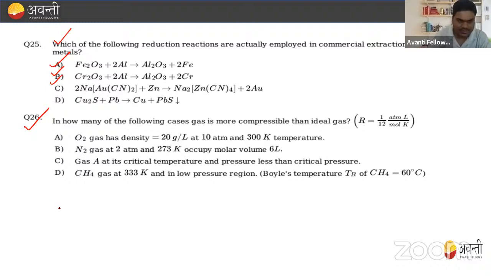We know what compressibility factor is. Z is equal to PM upon dRT. What is the value? 10, 32, 20, 1 by 12 into 300.